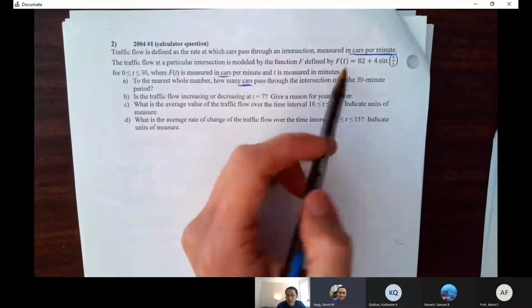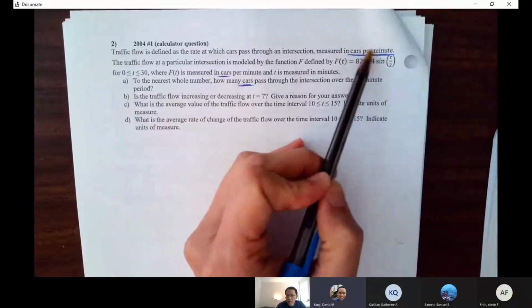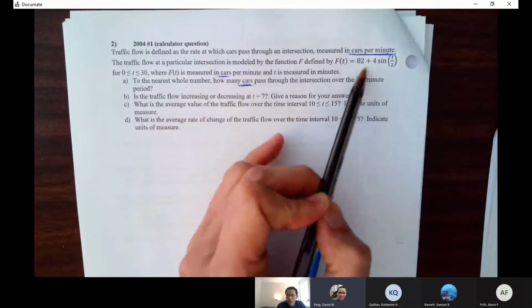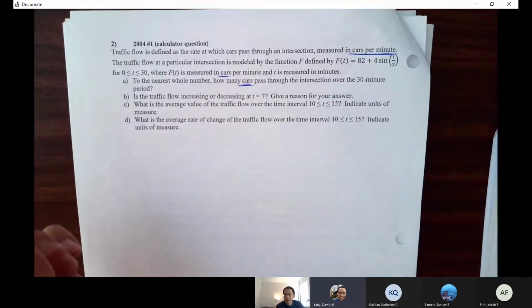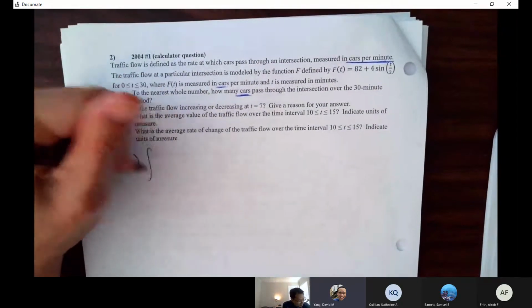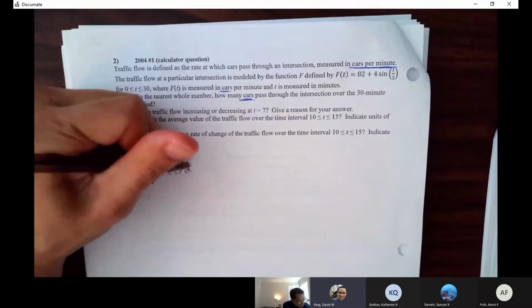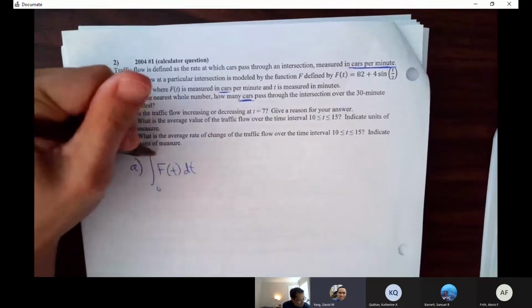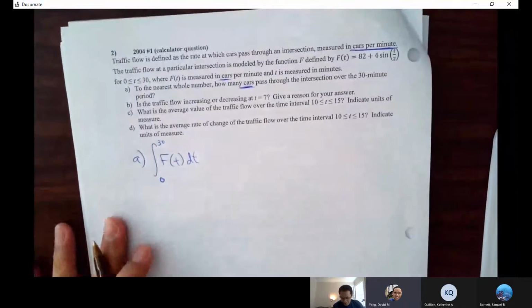The integral of my rate, cars per minute, over the course of the 30-minute period, I'm going to be able to accumulate that rate and arrive at the total number of cars. So essentially, we're just multiplying that rate by 30.